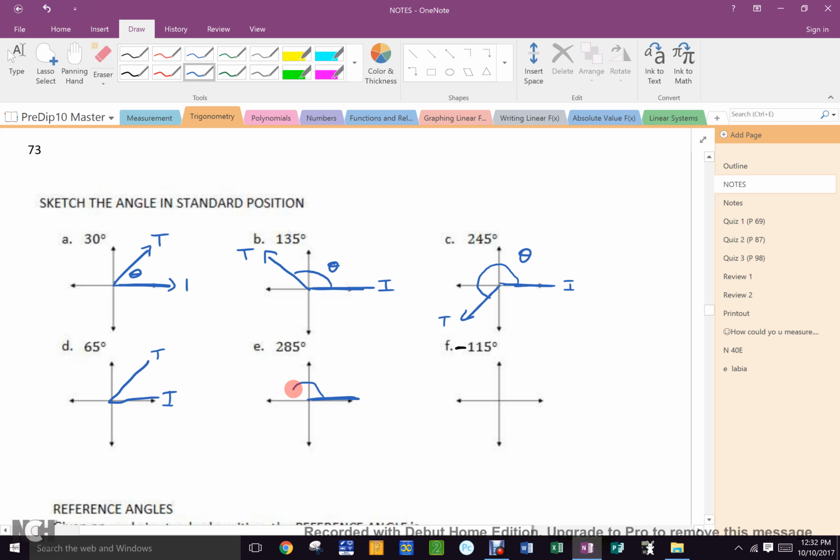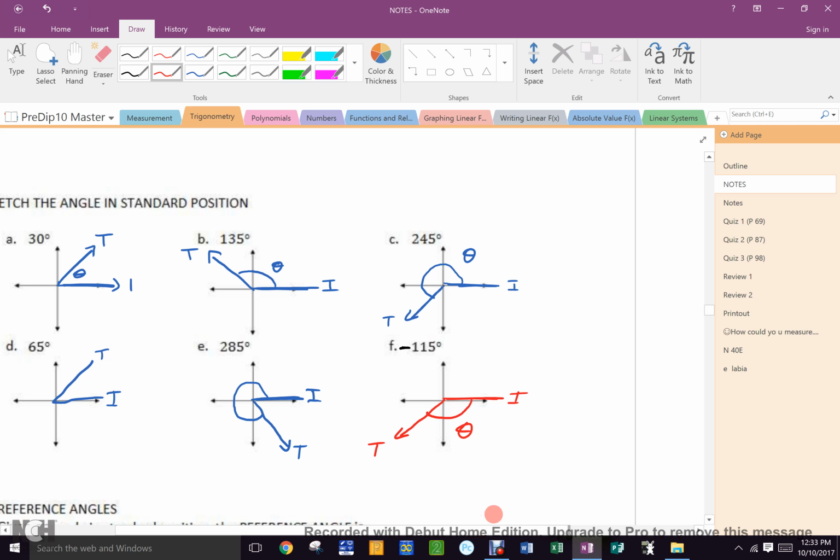Initial, all the way around, 270 and just a little past. Looks like that. Terminal, initial. Now, negative 115. Terminal, I go down 90, 115, and out there. I did it right. There's your terminal, there's your initial, there's your theta.